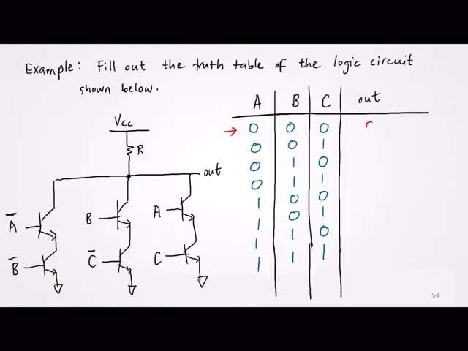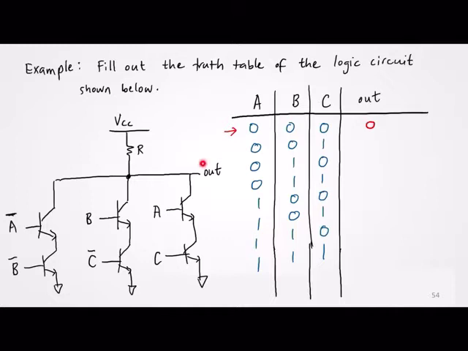Logic 0. But the way I usually analyze these types of logic circuits is to look at the circuit on the left: the output would only be pulled down to 0 if any of the paths to 0 are activated or on.